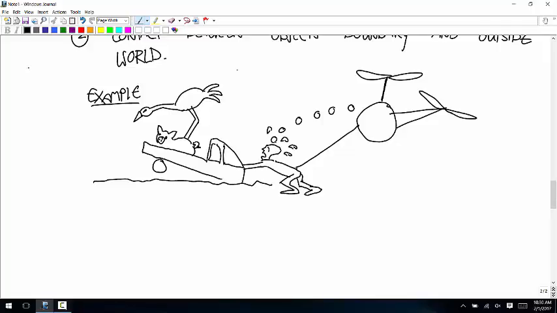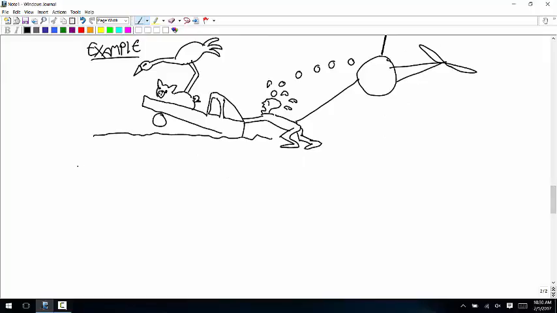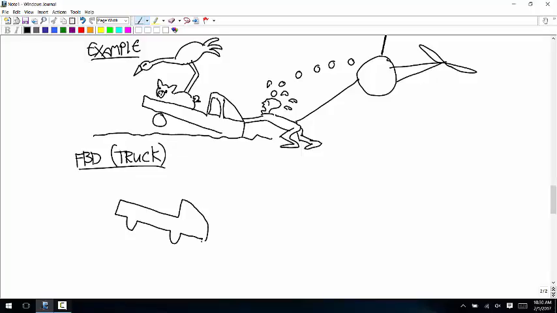Okay. So this is an example of a problem where there's a lot of stuff going on. Let's draw a free body diagram of the truck. In this problem, there's no mention of magnetic field or electric field.